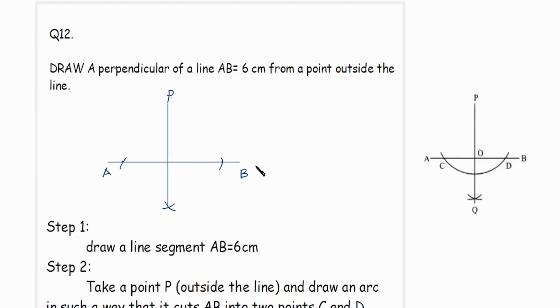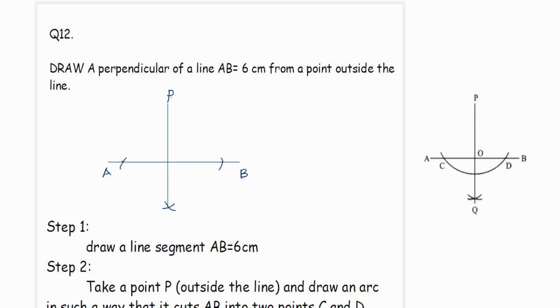That's it. I'm going to repeat it also. Draw a line of 6 centimeters. Place a point opposite to AB. From there, place your compass and draw an arc, or make a cut. After that, place your compass and make an arc here, and the same way make an arc here.